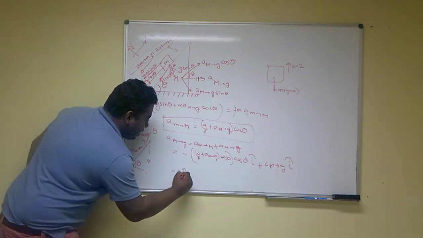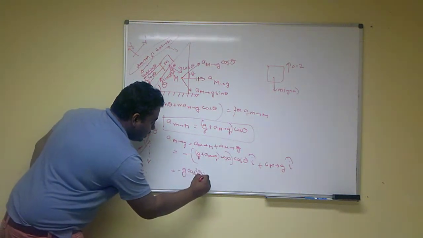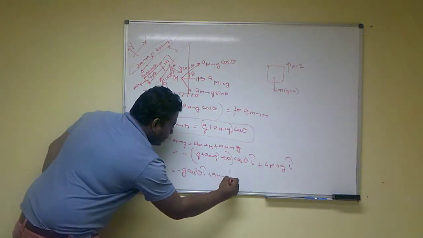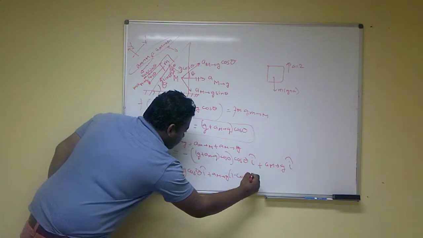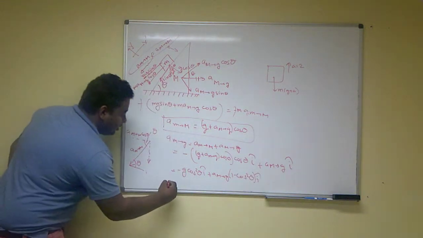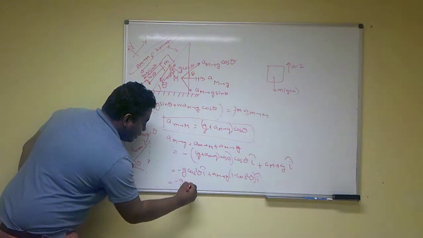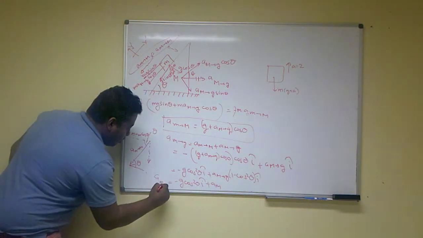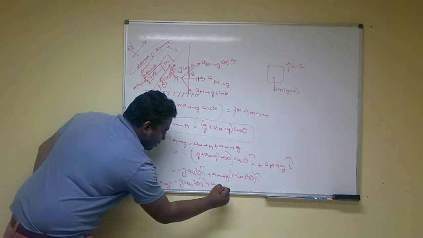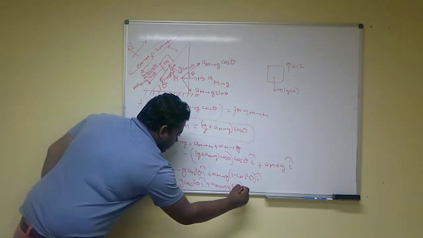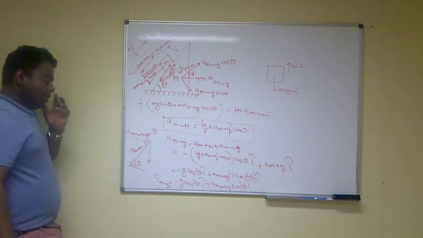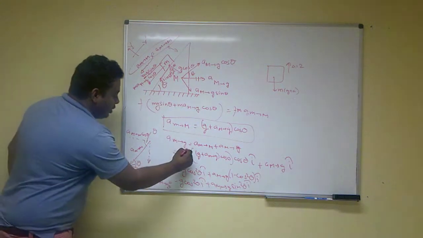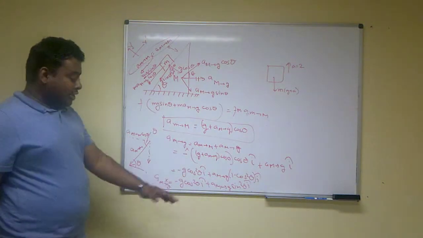So this is going to be minus g cos square theta I cap plus am with respect to g times 1 minus cos square theta I cap. So this will become minus g cos square theta I cap plus, this is a small m with respect to g, this is capital M with respect to g, sin square theta I cap. So this will be the acceleration of am with respect to ground in the x direction.